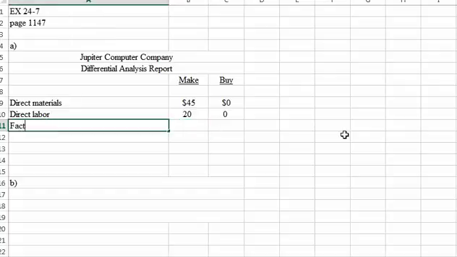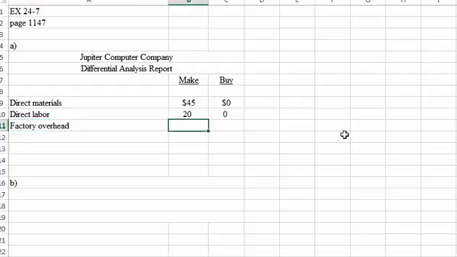Okay, our factory overhead. Now, what portion of the factory overhead is relevant to this decision? Well, our fixed factory overhead is going to be present whether we make the carrying cases in-house or we buy them from an outside party. Now, that really hinges on us having available capacity.